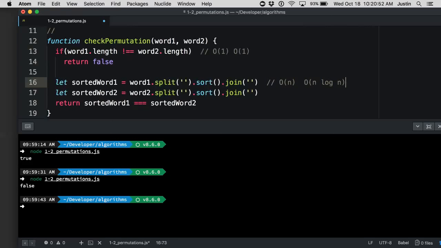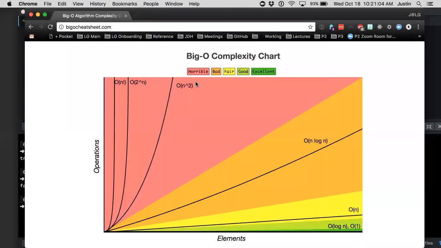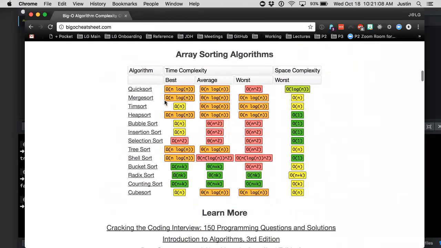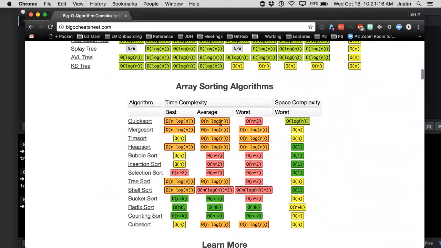Some sorting algorithms are n squared, but most of the ones that are used in practice are n log n. Bubble sort is n squared. Why, I'm so glad that you asked, and I can look up what bubble sort is. Yeah, you're right. Bubble sort is n squared.